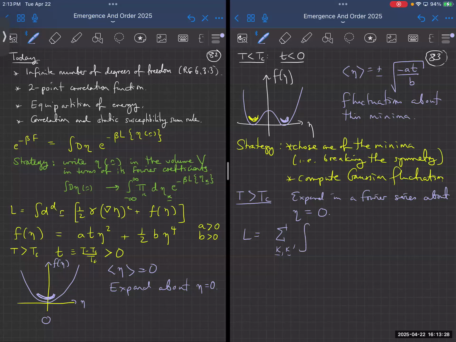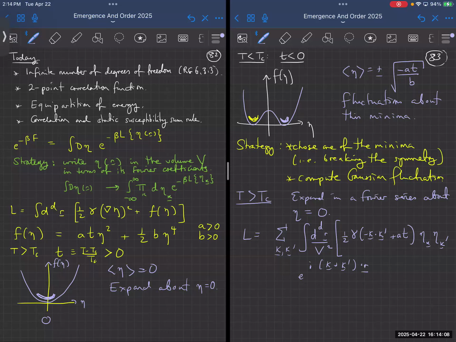We remember that we have dummy variables, so we keep track of those dummy variables. So then we're going to write this as the integral d^d r over v squared. And then our Landau free energy is going to look like this. It's going to look like one half gamma of minus k dotted with k prime plus a t times eta of k eta of k prime, and then e to the i k plus k prime dotted with r.